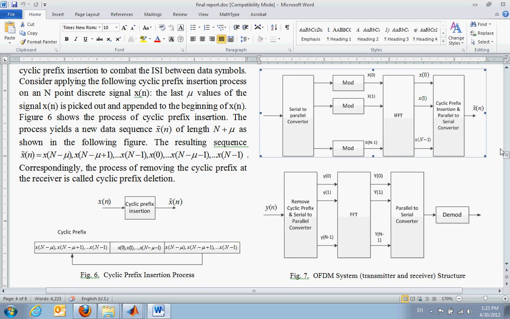Alright, regarding the fading channel model used in my simulation, I used a frequency selective time non-selective fading channel, which is reasonable because multi-carrier modulation systems can effectively combat the frequency selectivity, not the time selectivity.